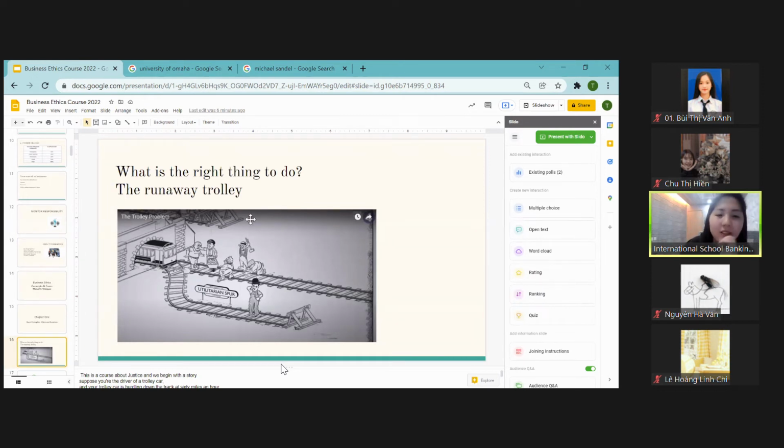Okay, so the trolley right here, as you can see, this looks like a train, right? Trolley means a vehicle that has wheels that run on a track. So a train is one kind of trolley. Yeah.